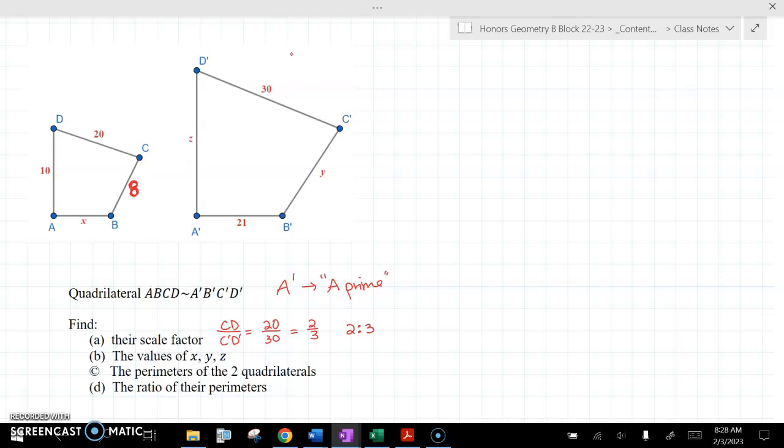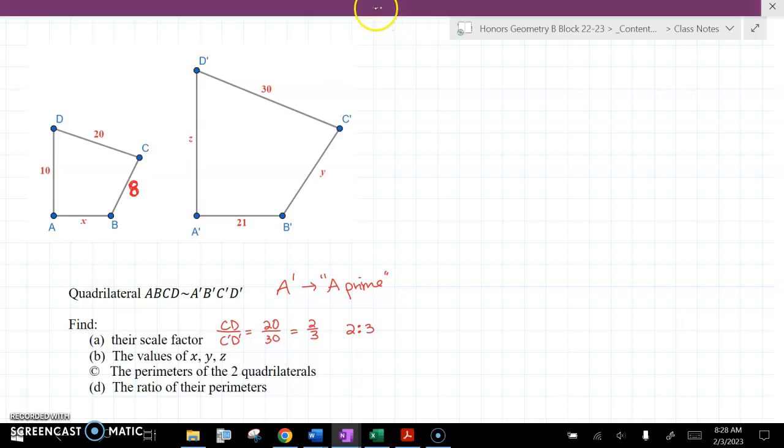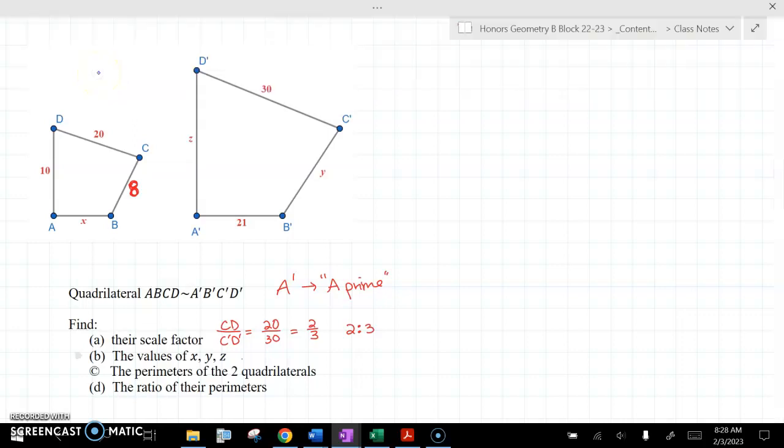So now we can use that information to create a proportion to solve for the values of x, y, and z. So if I'm trying to solve for the value of x, I can use my scale factor, which is 2 to 3, and I set it equal to the ratio between the two sides that involve x. So we see that x is side AB, and that corresponds to side A prime B prime.